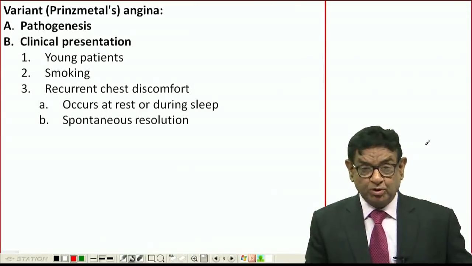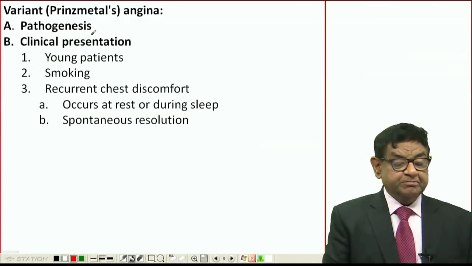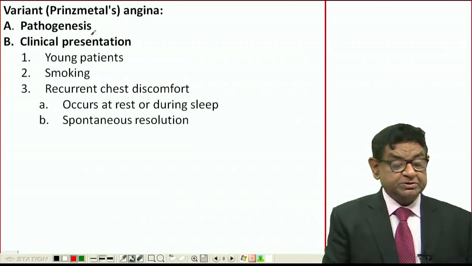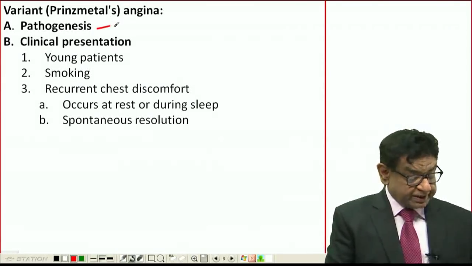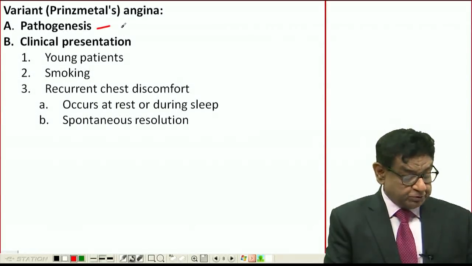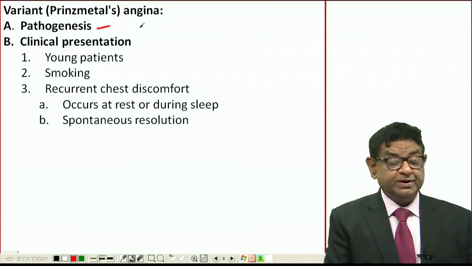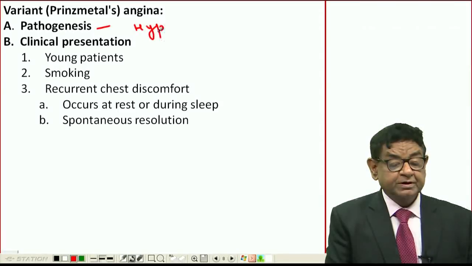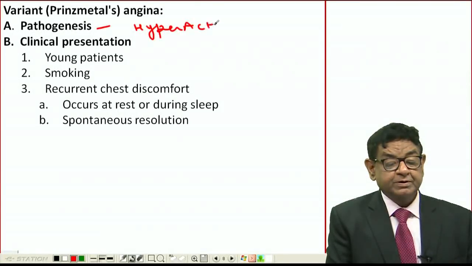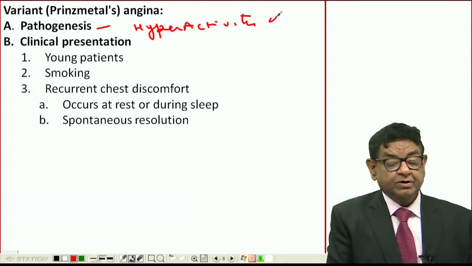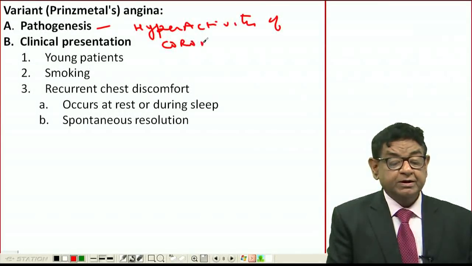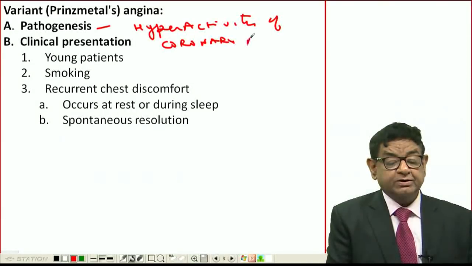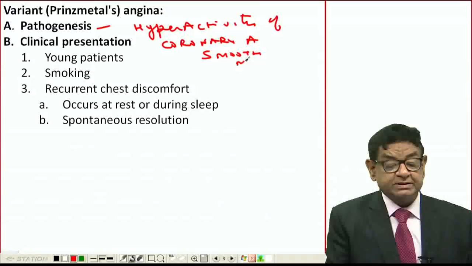Let's talk a little bit more about each one of them. Prinzmetal angina, as I told you, pathogenesis is vasospasm. Coronary artery, they go into spasm. This is due to hyperactivity of coronary artery smooth muscles.